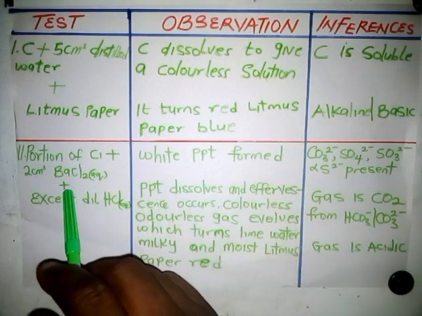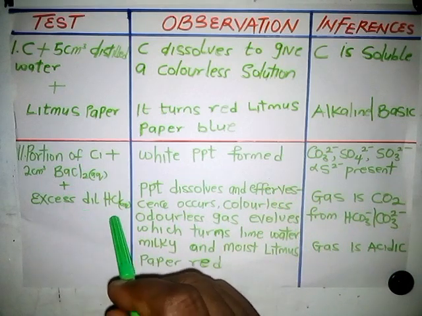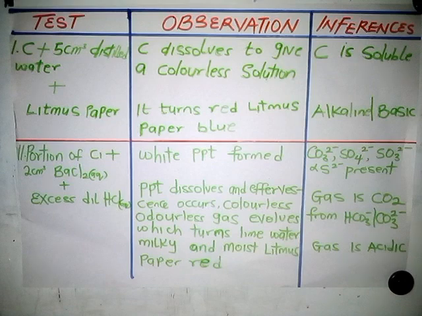Then here I'm saying plus excess dilute HCl. So when you put HCl, one of the characteristics of carbonates is that when you add acid to it, they will give off a gas. They will effervesce, they give off gas, which is carbon dioxide. That's one of the characteristics of carbonate.